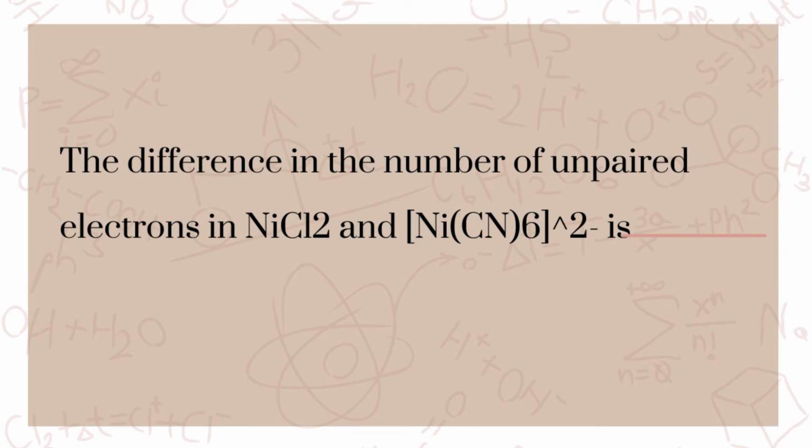The first question: difference in the number of unpaired electrons in NiCl2 and [Ni(CN)6]2- is. First, we have to find out the charge on nickel in nickel chloride as well as in the hexacyano nickelate ion.